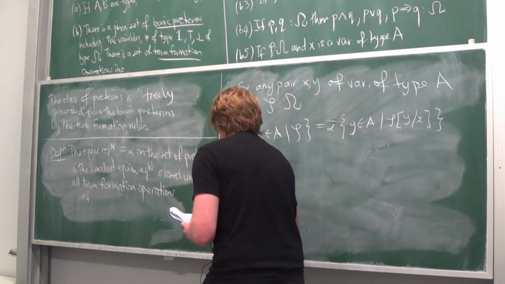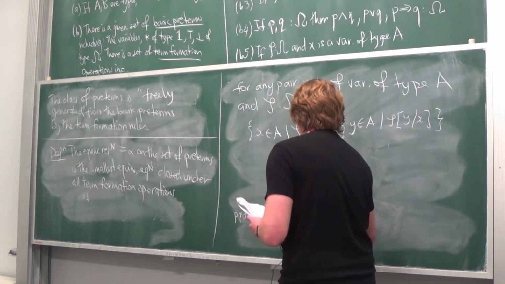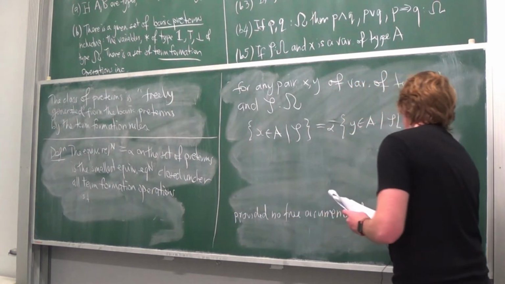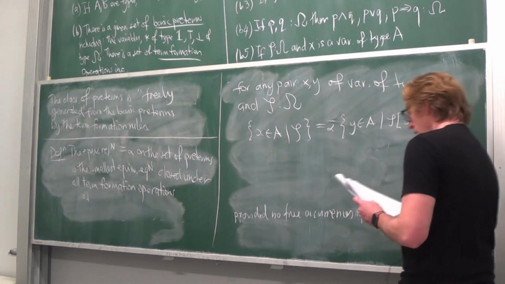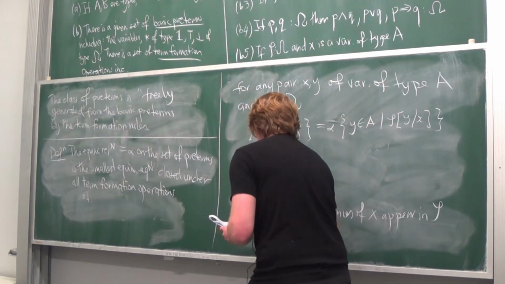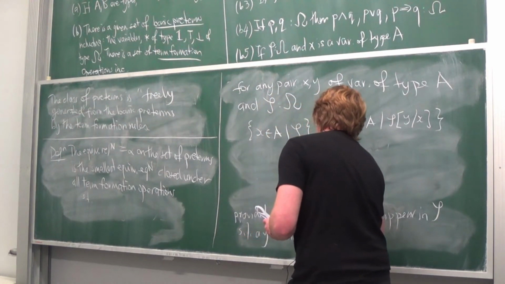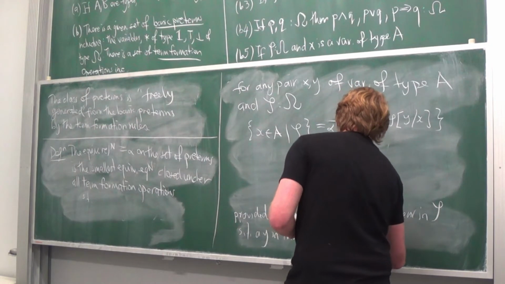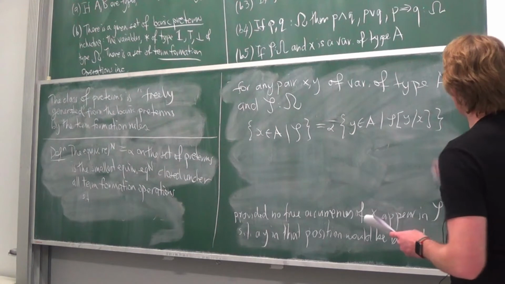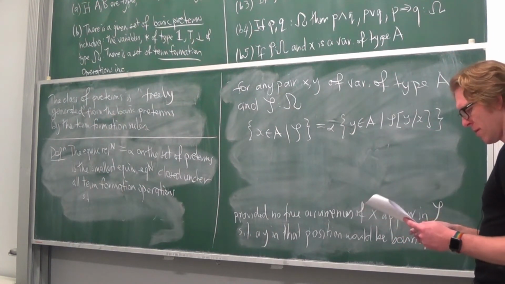So provided no free occurrences of x appear in phi such that a y in that position would be bound. That is, when I do this rewriting, no occurrence of y becomes captured by that.